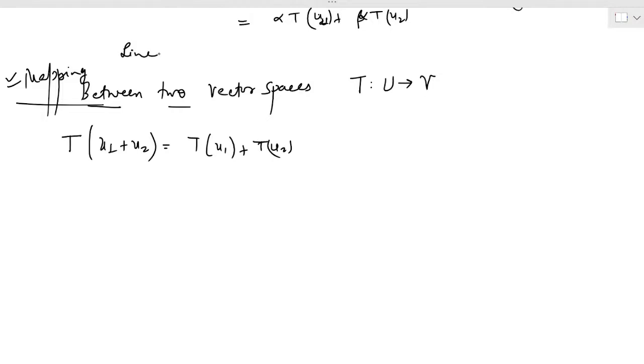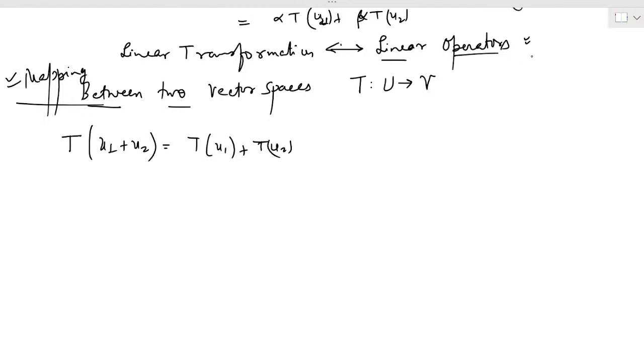Instead of linear transformation, you can say linear operators also, because in physics that is more used. Mostly in physics we use the word linear operators. Whether you say linear transformation or linear operators, they are one and the same thing.